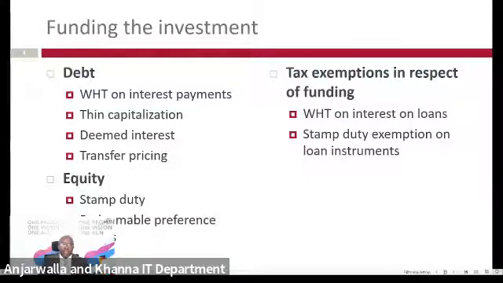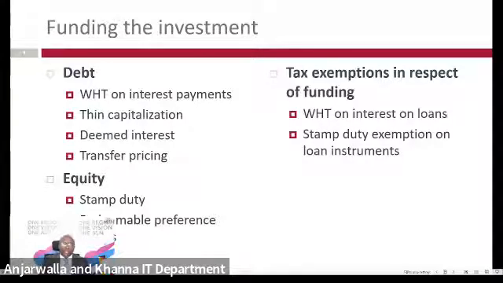And potentially, the company could end up paying taxes much sooner than would have been expected. So it's a balance, and we work with our clients to look at the financial models to try and see the optimal type of funding to be adopted.